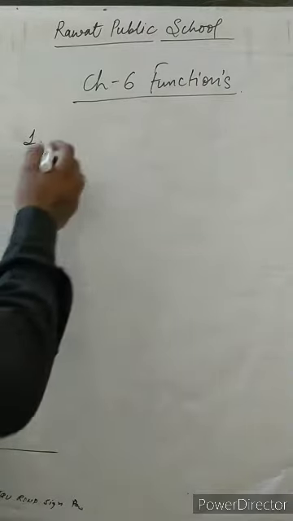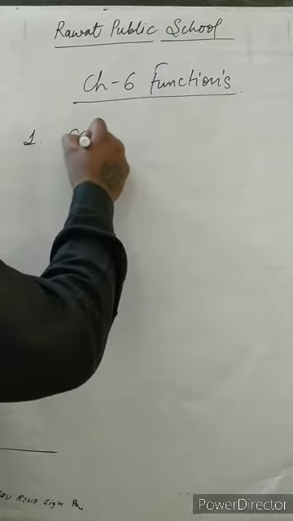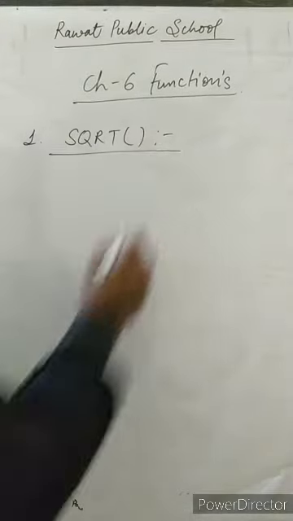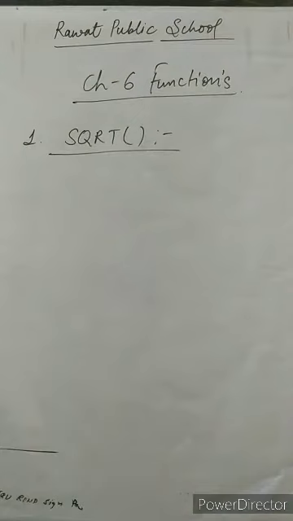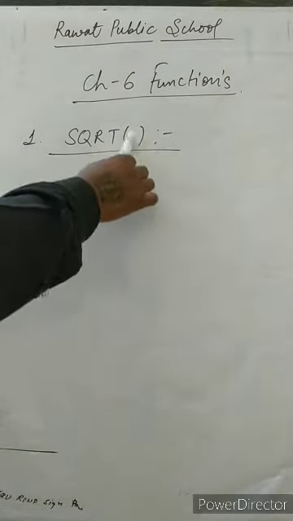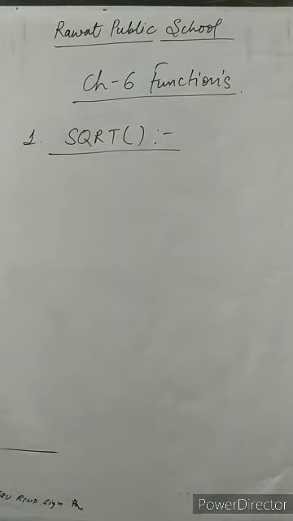Now I am going to start the first numeric function, that is the Sqrt function. Students, the writing methodology of a function is that you must enclose it with parentheses, and in this parenthesis you insert the value.